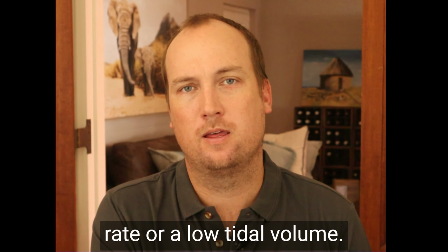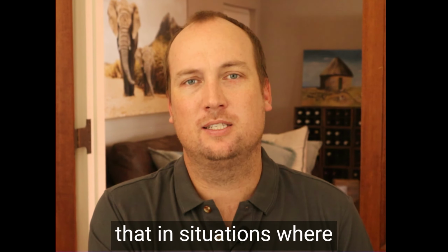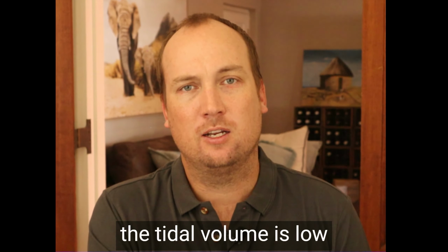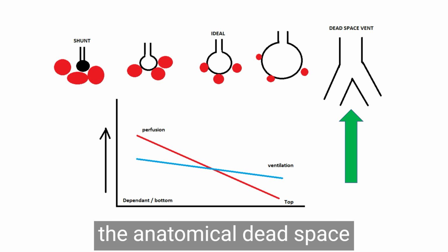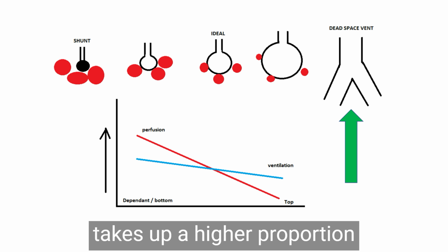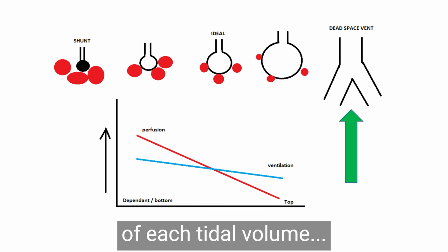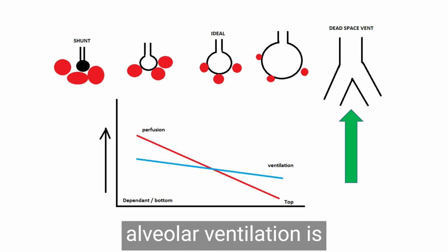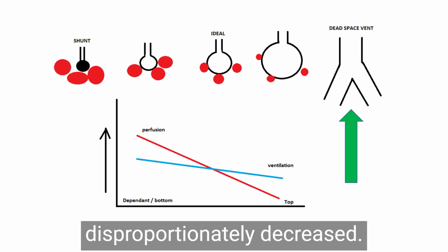tidal volume. It's important to remember that in situations where the tidal volume is low, the anatomical dead space remains unchanged and takes up a higher proportion of each tidal volume. And so the actual alveolar ventilation is disproportionately decreased.